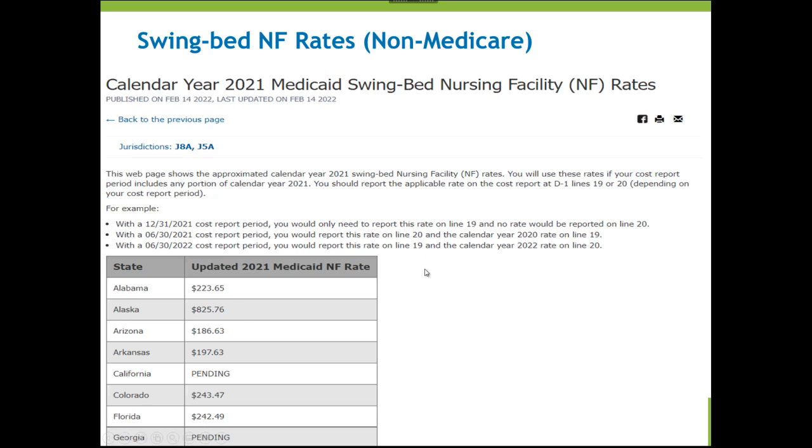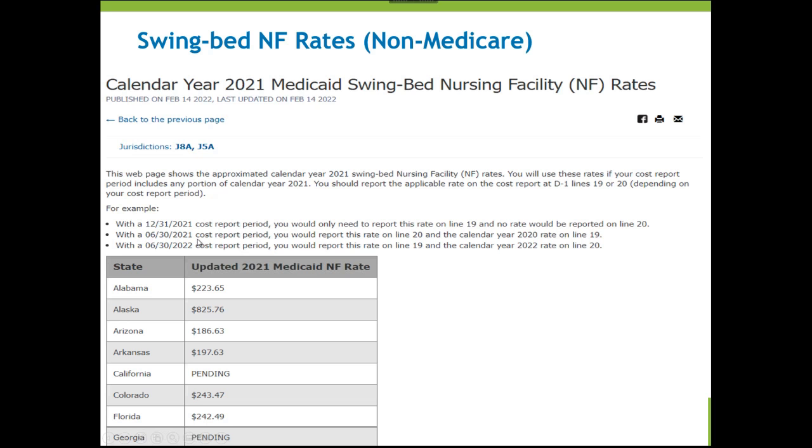Again, it's split by calendar year, so if your particular cost reporting period is a non-calendar year, other than 12/31, then you would have to use two different rates for the two different lines. Specifically, it'll tell you, if it's a 12/31 calendar year, then this is the only rate you need, and it gets reported only on line 19, nothing on line 20.